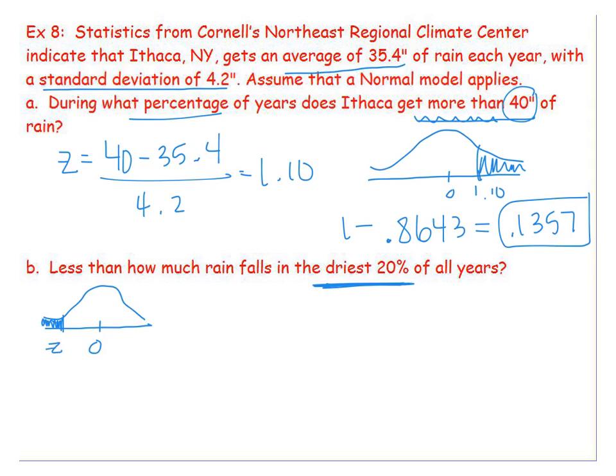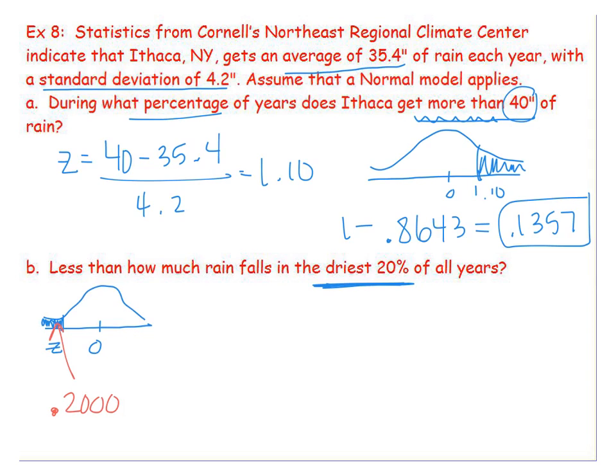You don't know the z-score, you don't know the x value, and so we have to do some backwards thinking here. So we know that the probability of this little area right here is 0.20. I'm going to tack on 2 zeros. That's the probability. This is the number, if you're looking at your blue sheet, from the center of the blue sheet.